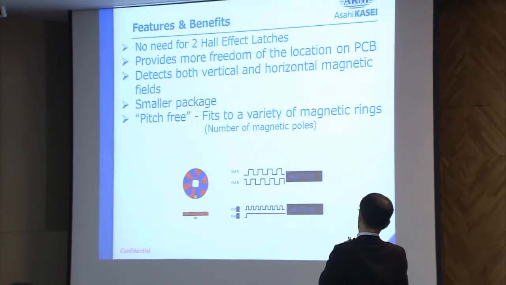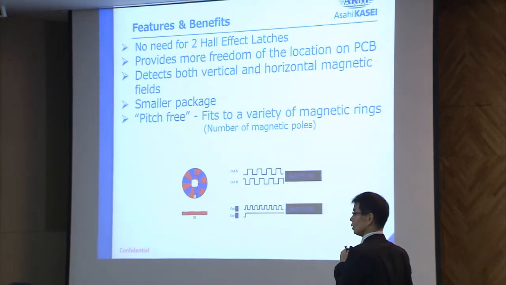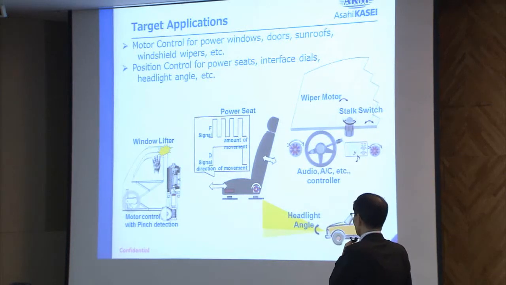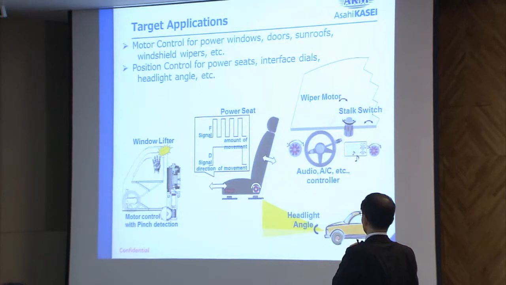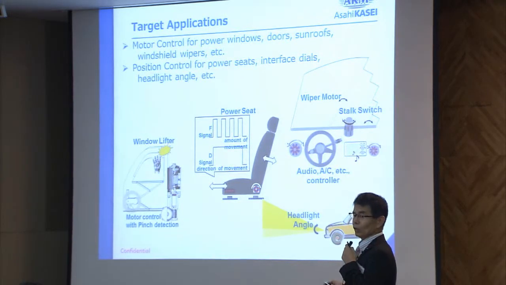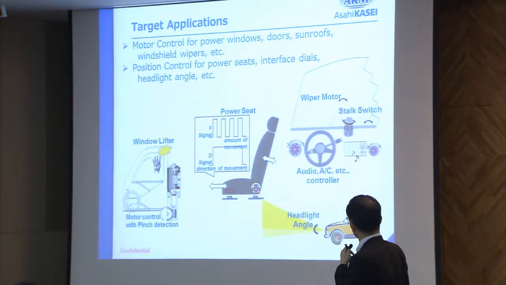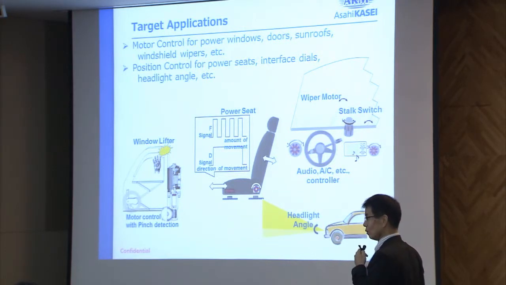So it works well with a variety of magnetic poles. We have a lot of target applications, especially for automotive: window lifter, power seat, wiper motor, several kinds of jog dials, and headlight arms.